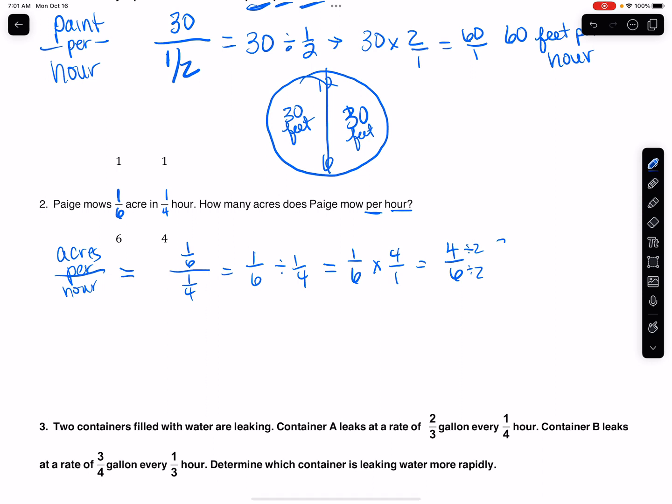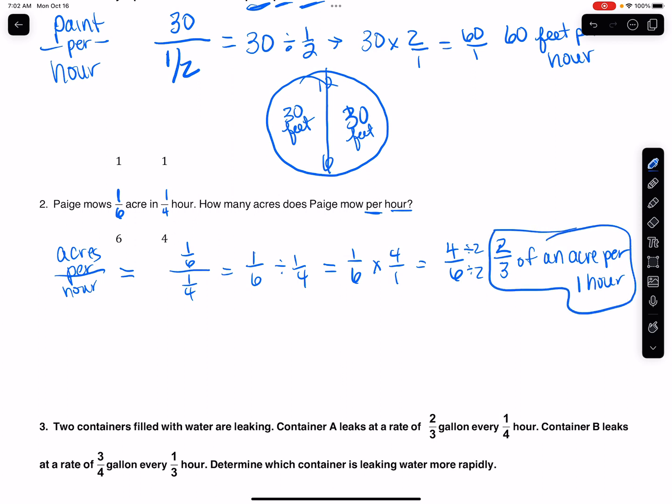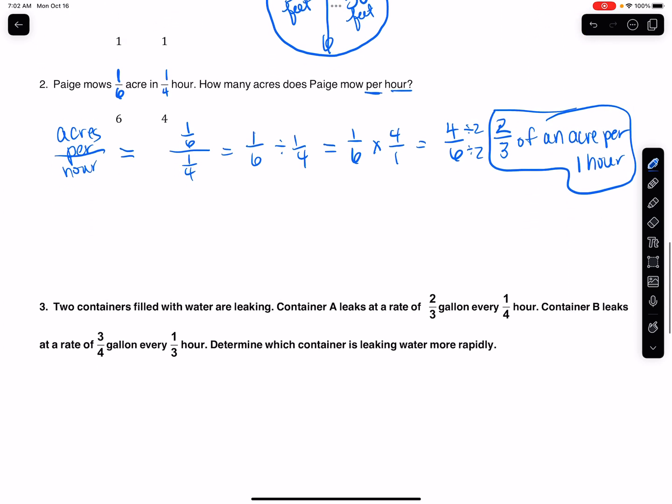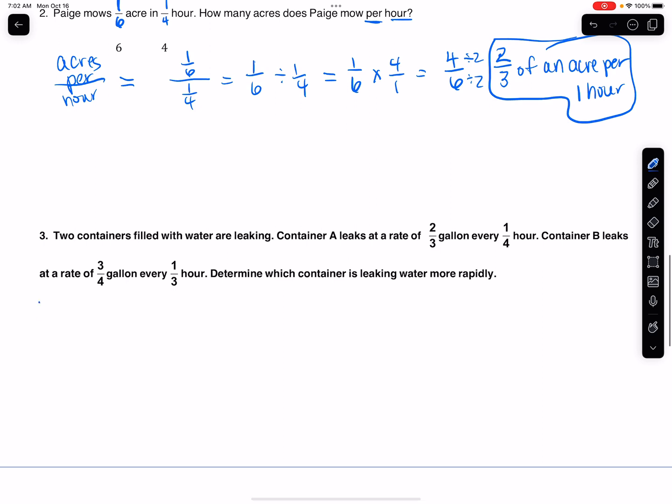They're both even numbers. So we get 2/3 of an acre per 1 hour. It is important that you put the units when you solve these, just like I did on number 1 and number 2.